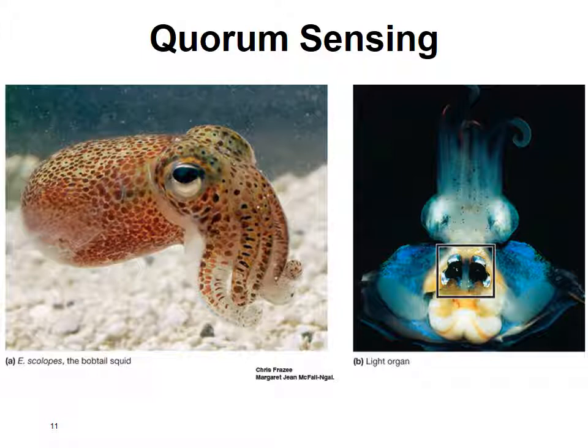So the outline of the squid appears as bright as the water's surface to potential predators looking up through the water column. Now, this light organ is colonised by a large number of the bacteria Vibrio fischeri, and they produce these autoinducer molecules which accumulate to a threshold concentration, triggering light production.